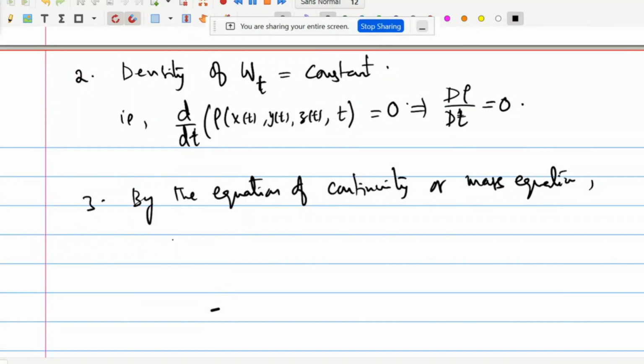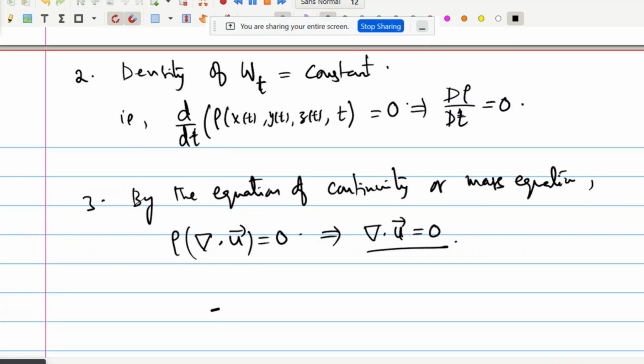D rho by Dt is 0, no? So rho into del dot u equal to 0. Implies rho cannot be 0, right? Rho is the density. So del dot u equal to 0. So these are the three meanings that you can derive. Okay. So finally, either this is true or this is true. Both are same. Okay.